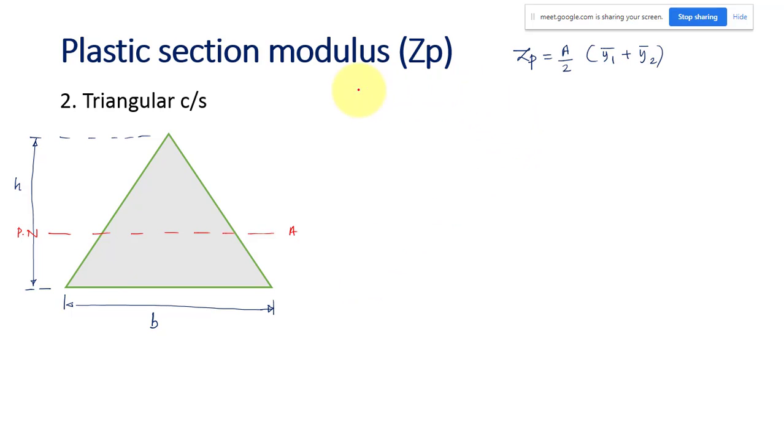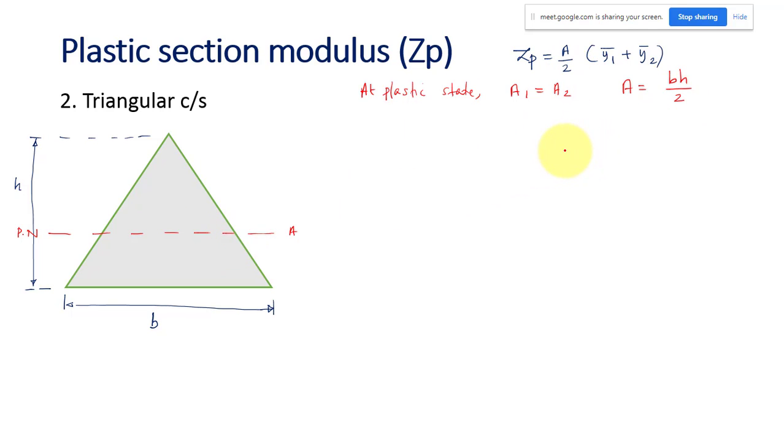So at the plastic state, what is the condition? A1 must be equal to A2. The total area is the area of this triangle, that is B H by 2. A1 and A2 will be equal.